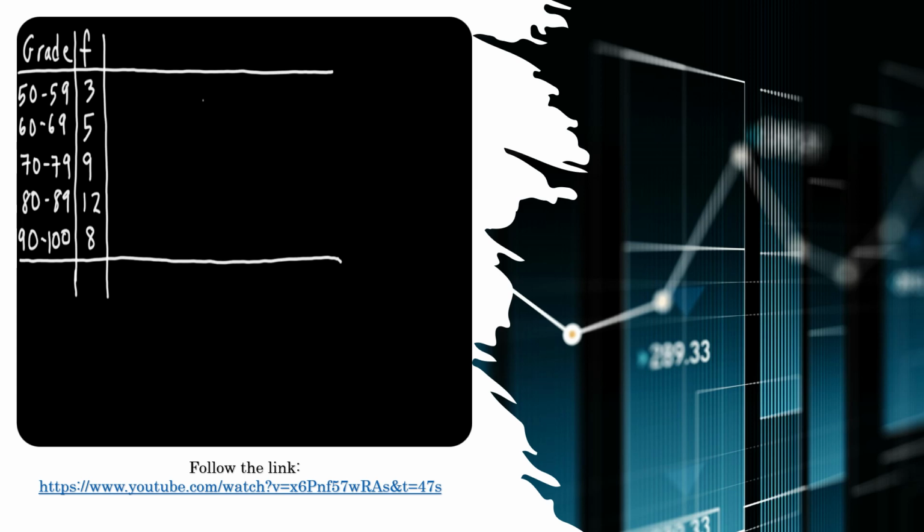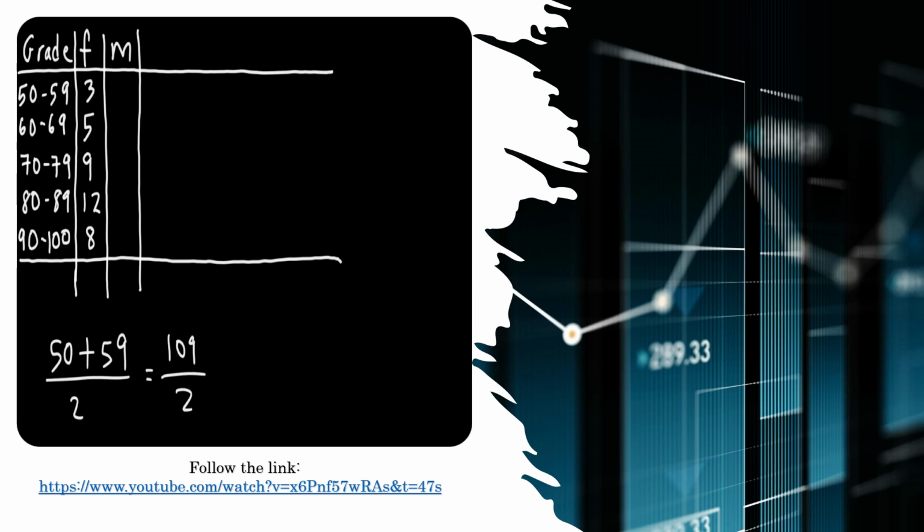The first thing we need to do is determine the midpoint of the class ranges. So what is the midpoint between 50 and 59? The lower boundary and the upper boundary of that first range. To find the midpoint, we basically need to average the two numbers. So we need to add them up and divide by 2.